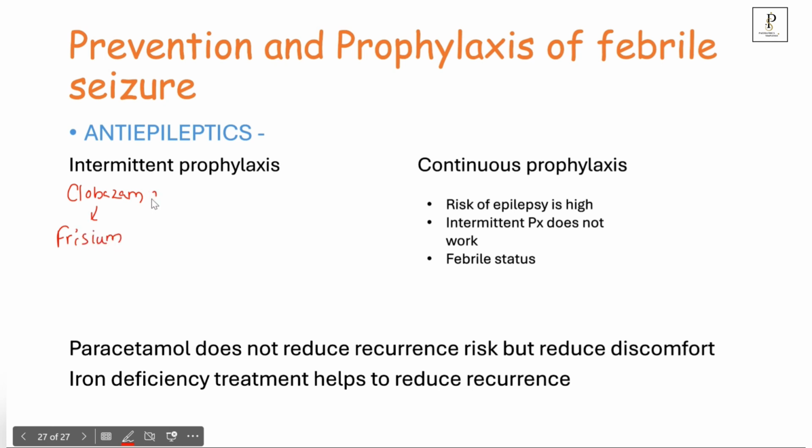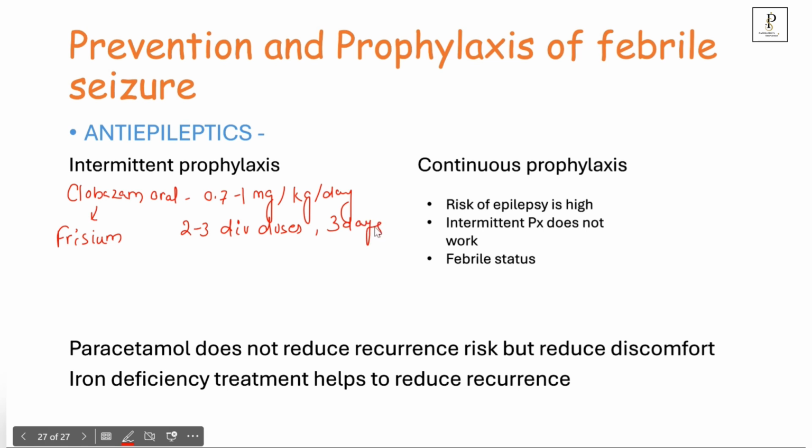Clobazam is given as oral tablets. The dose is 0.7 to 1 mg per kg per day in 2 to 3 divided doses, over 3 days.